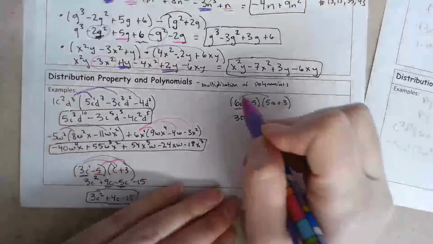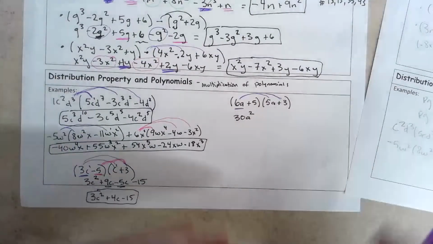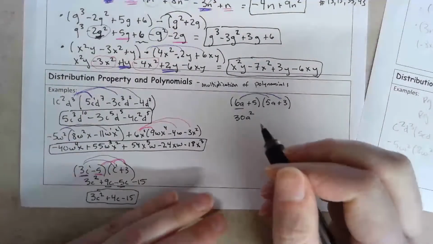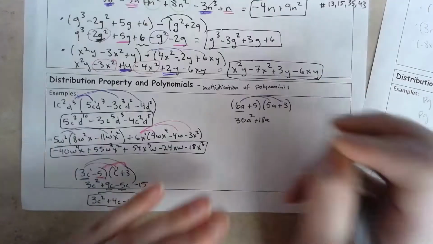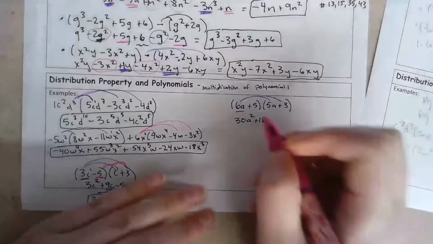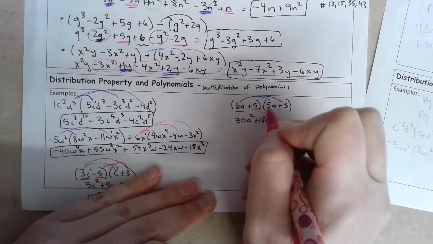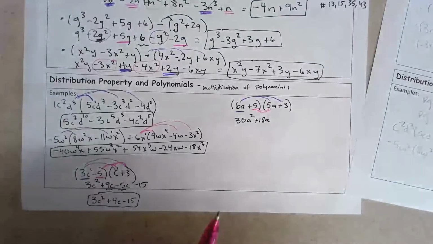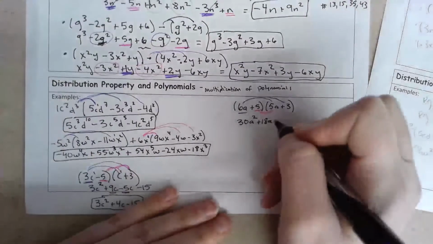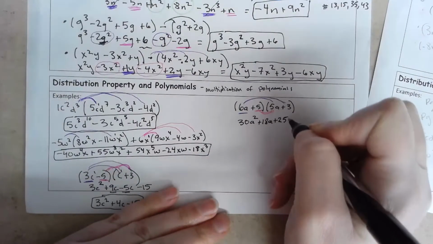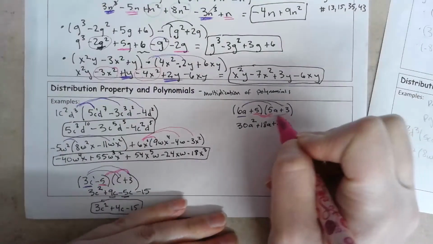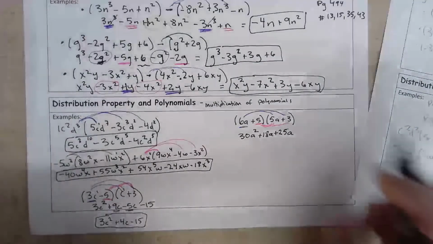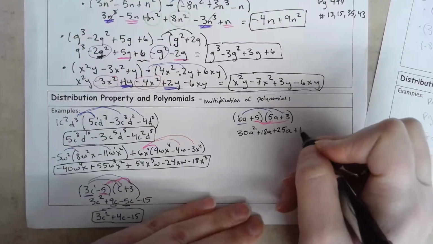Then that 6a gets multiplied by the 3. So 6a times 3 is 18a, positive. Then the 5 gets multiplied by the 5a, so that's 25a. And then the 5 gets multiplied by the 3, which is 15.